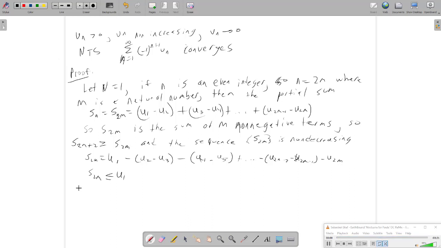So s sub 2m, the sequence, is non-decreasing and bounded.